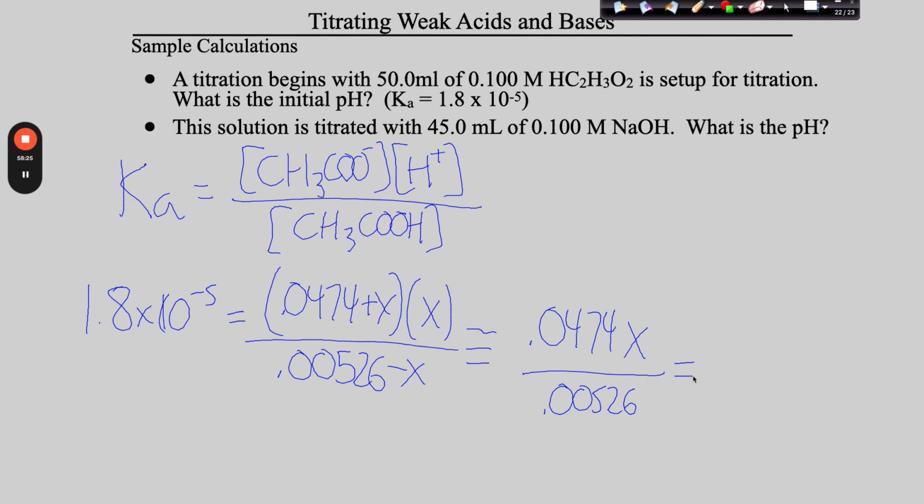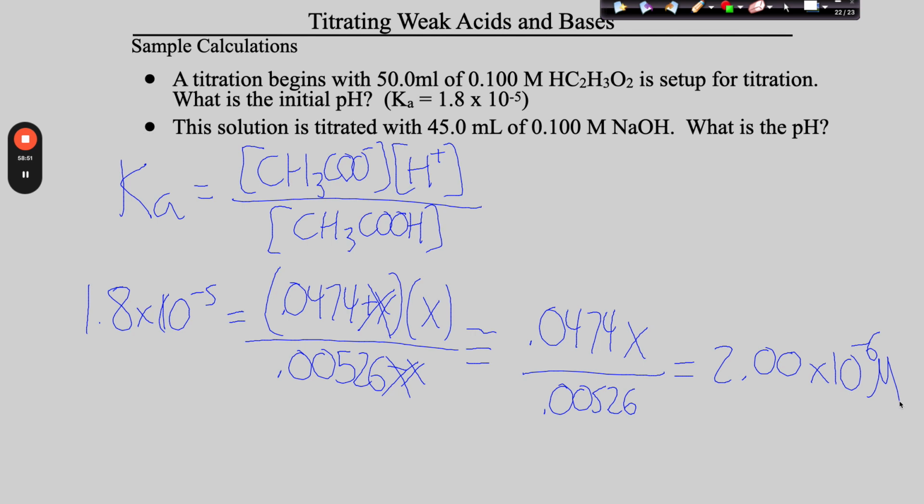No. So we got rid of this x and this x. So we have 1.8 times 10 to the negative fifth times 0.00526 divided by 0.0474, which is 2.00 times 10 to the negative 6 molar.